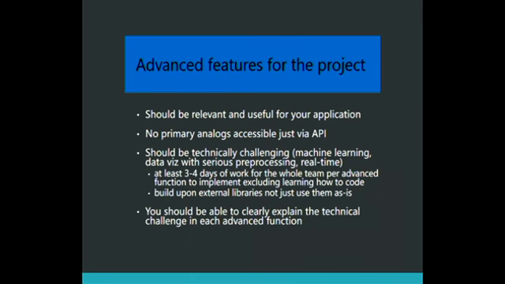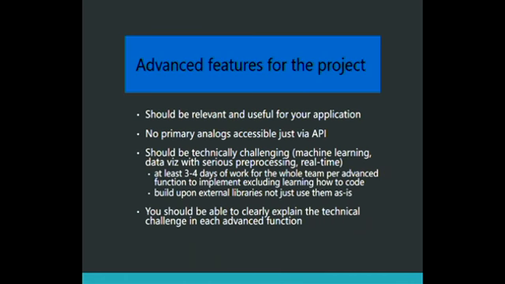And using any raw APIs by itself doesn't count, but you can do more with the data you retrieve with your API. Yeah, and it needs to take at least 3 or 4 days of work per feature.